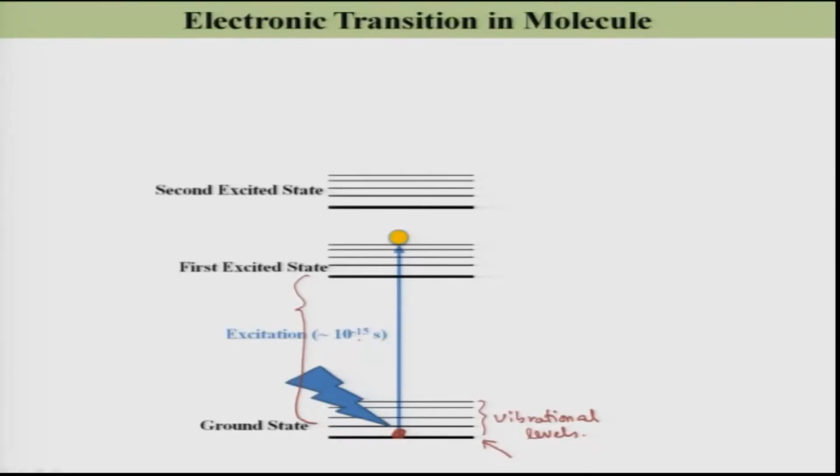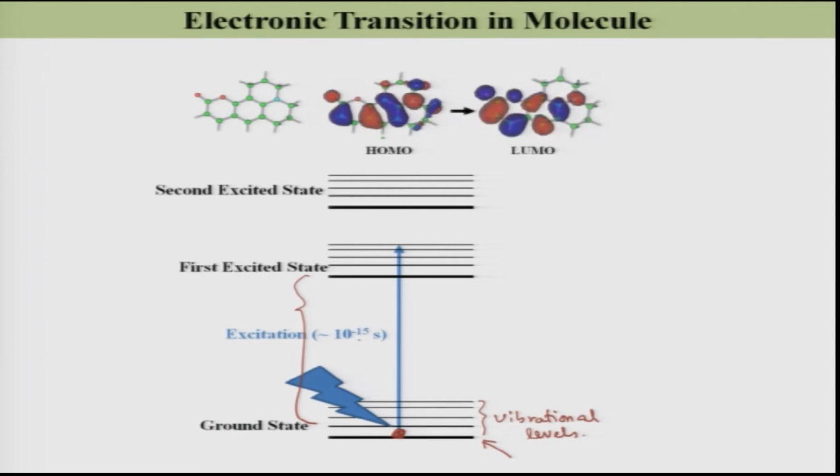So, here we have excited this molecule from the ground state to the excited state. This is the structure of the molecule, and these are the molecular orbitals. Previously I showed you that for an atom there are different electronic orbitals, and the electron moves from one orbital to another.